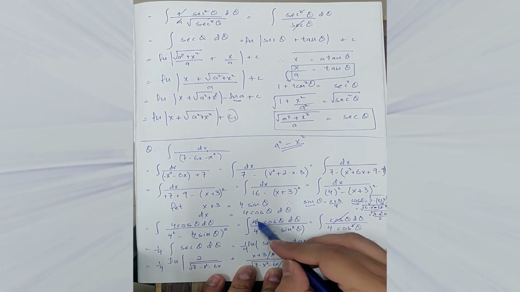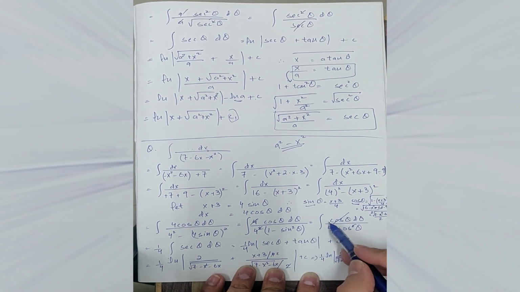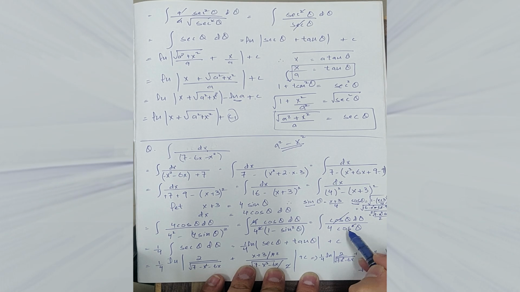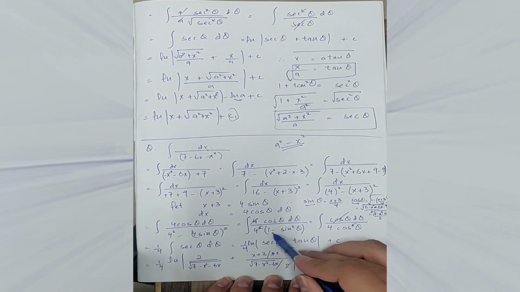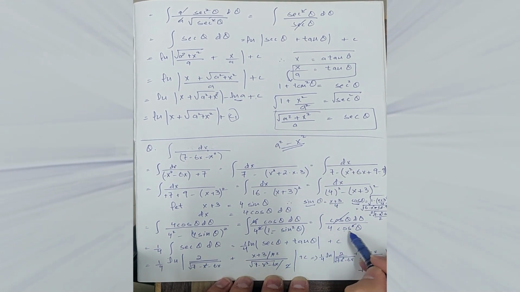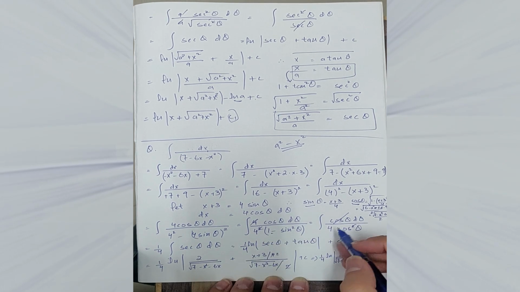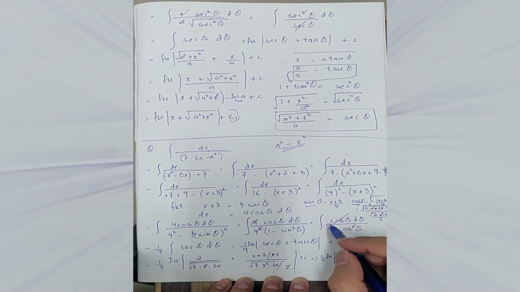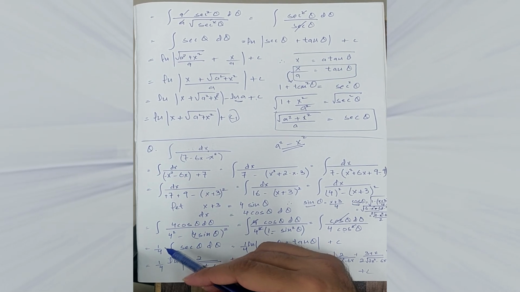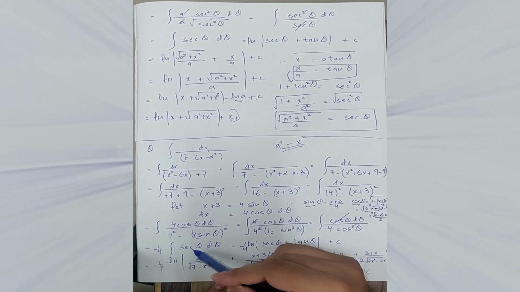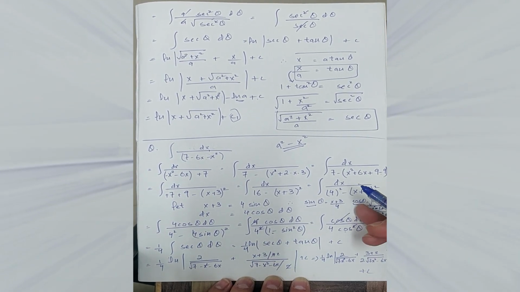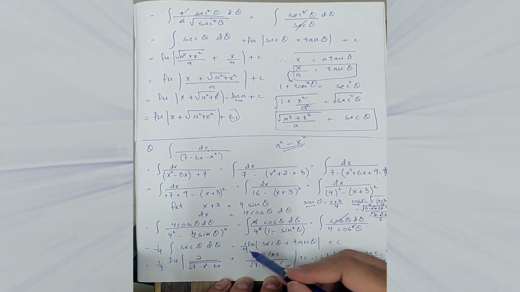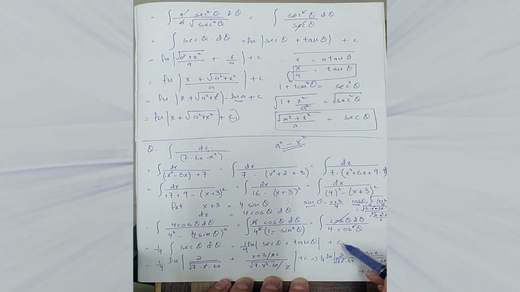This 4 will cancel that 4, leaving us with integral of cos theta d theta divided by 4 cos square theta, because 1 minus sine square theta is equal to cos square theta. Now this cos square theta will cancel out this cos theta. It will leave us with 1 by 4 sec theta, because 1 by cos theta is equal to sec theta, and it further becomes 1 over 4 of sec theta plus tan theta, plus c.